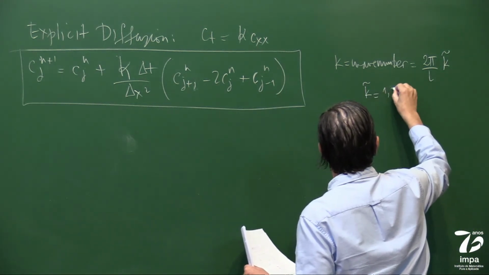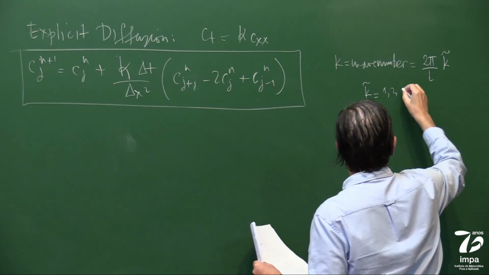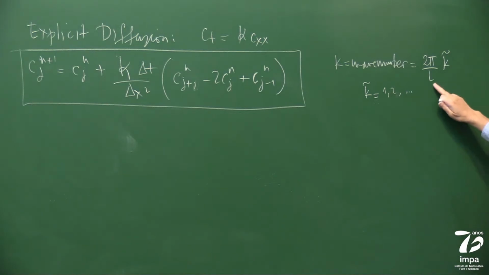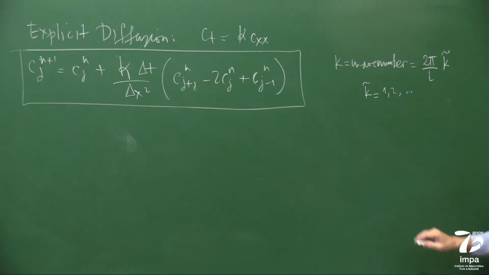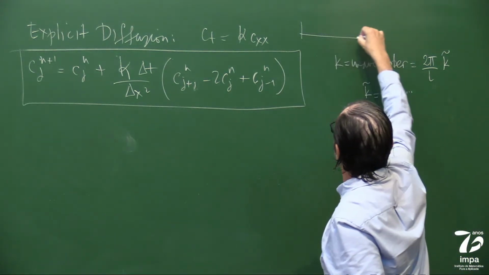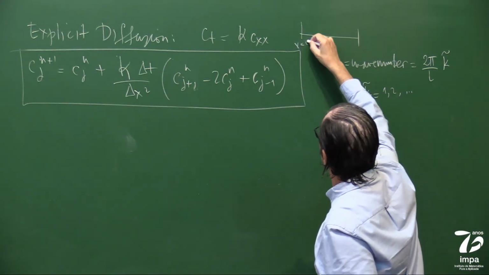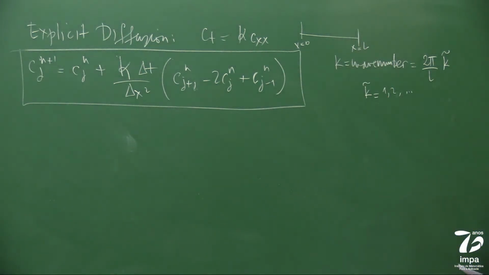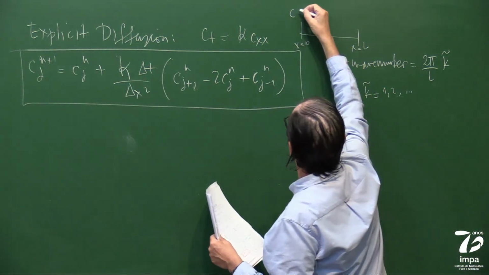K tilde could be 1, 2, and so on, right? Because I'm rescaling on my interval 0 to L. Okay, with boundary conditions, I have to write this, sorry.